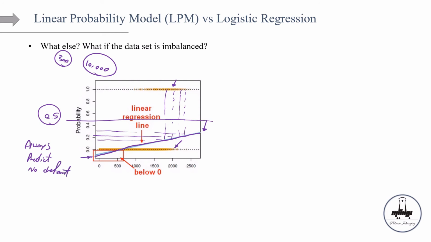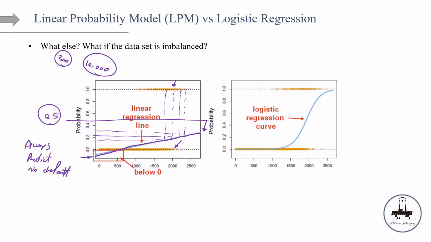So as you can see, these are the caveats of the linear probability model, and for that reason, we have to move beyond it. So what's the solution? For example, we can use logistic regression. Logistic regression is going to take this linear probability model and transform it to an S-curve shape fit, right?